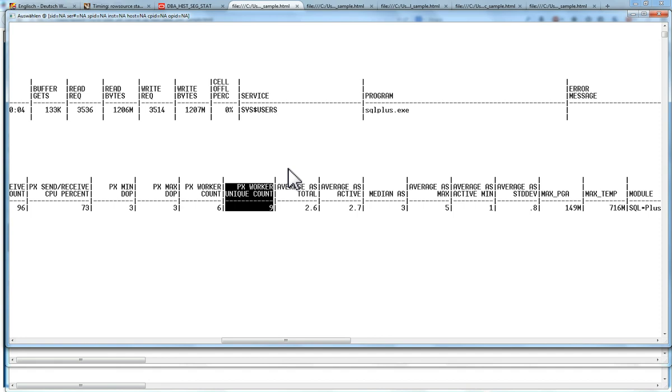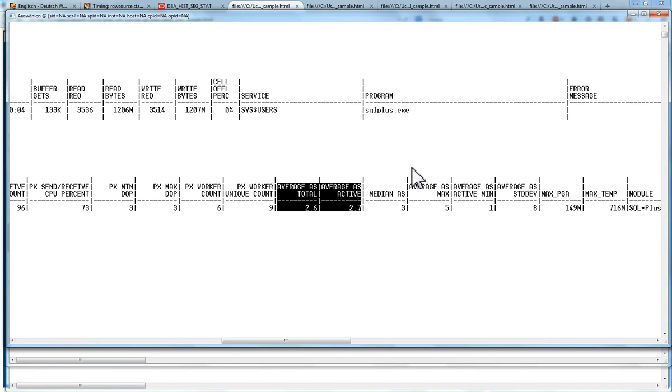So if you have a difference between worker count and unique count, then this is typically caused by this reuse, this re-initialization of these parallel execution servers when multiple DFO trees are involved. So that's the meaning of this unique count and this non-unique count, to give you an idea about this reuse of parallel execution servers.